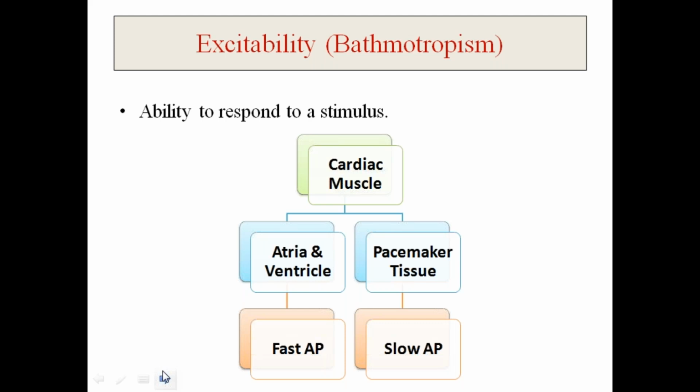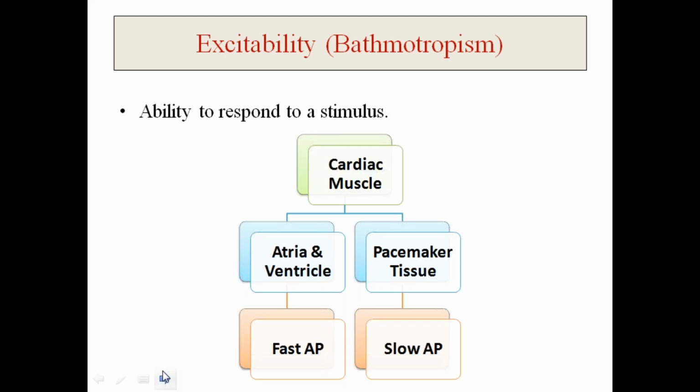Cardiac muscle is also an excitable tissue, but the depolarization, or the electrical changes, are of 2 types depending upon the location where the stimulus is given.